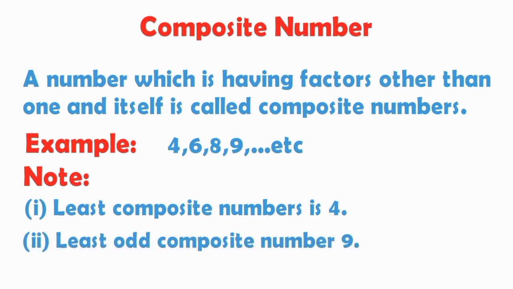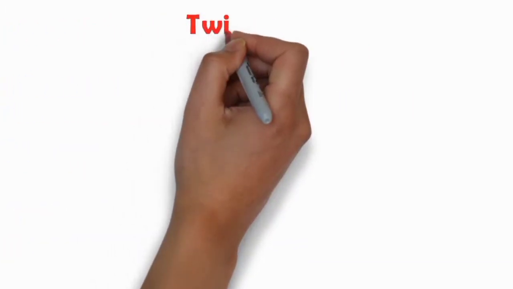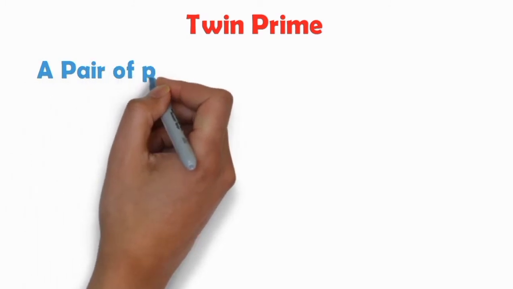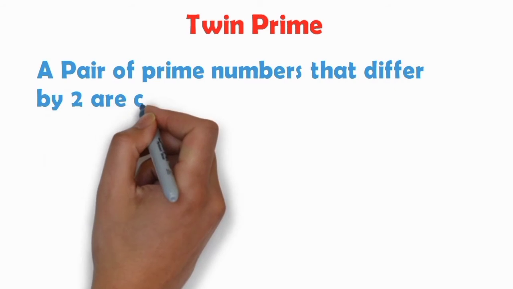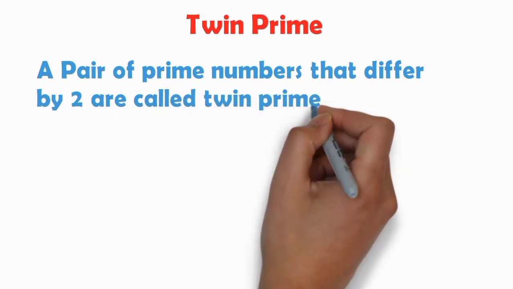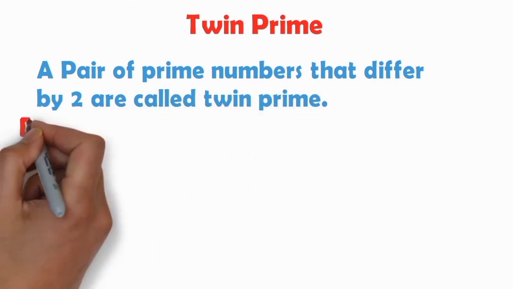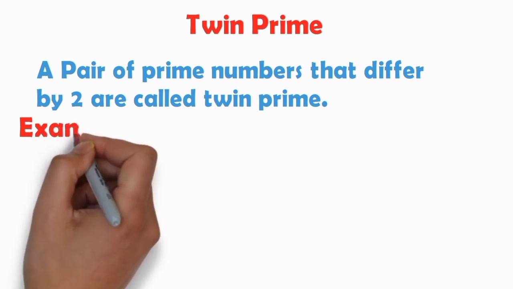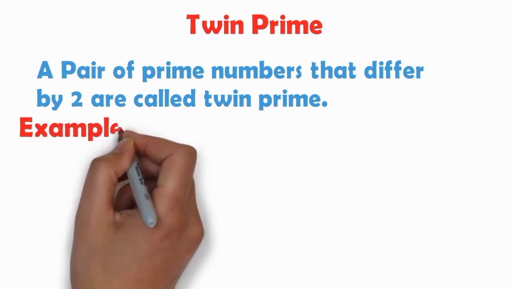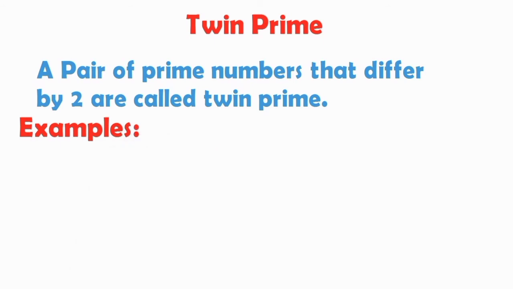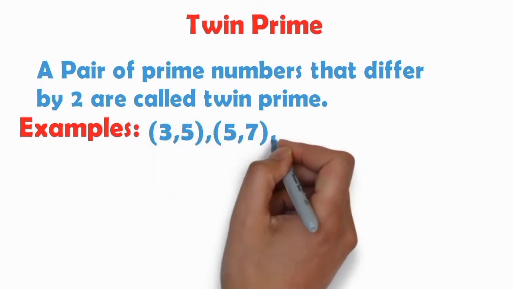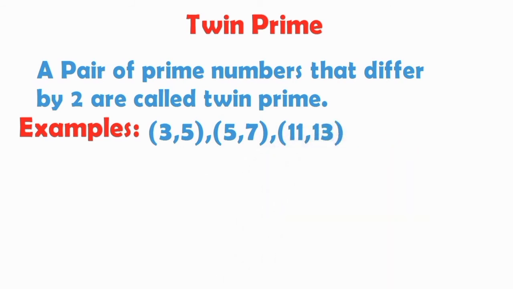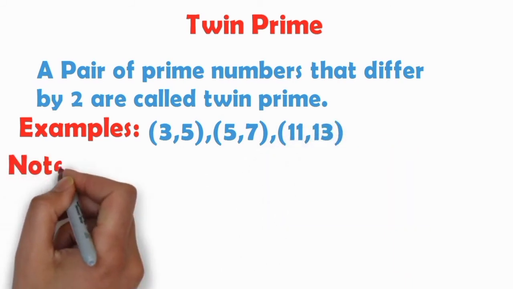In the next definition, we can see twin primes. A pair of prime numbers that differ by 2 are called twin primes. For example, you can see 3 and 5, 5 and 7, 11 and 13, etc. If you check the difference of these two prime numbers, you will get 2.